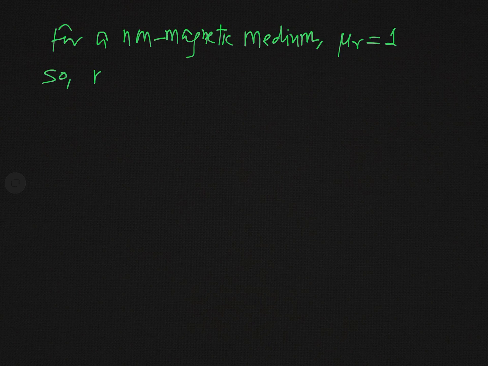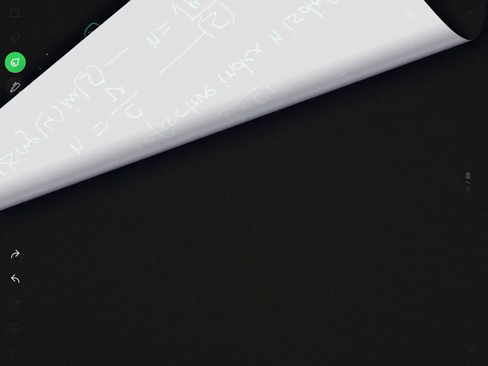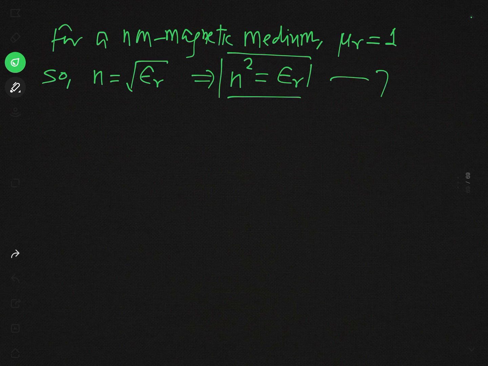And if mu r is equal to 1, you can see from above, then the refractive index N will be simply equal to a square root of epsilon r, and you can say that N square will be equal to epsilon r. This is also a very important result, invariably used in different conditions, and say this is equation 7.